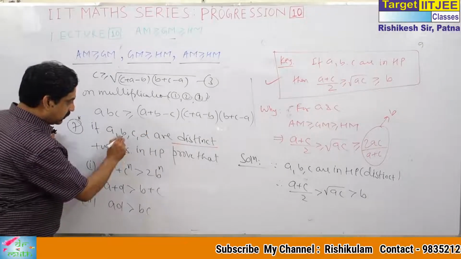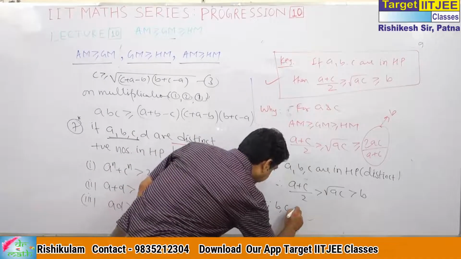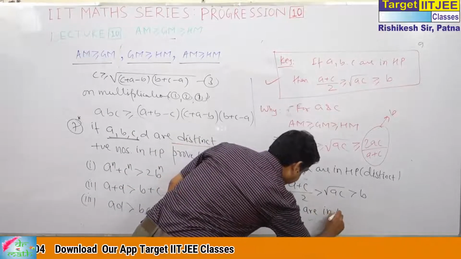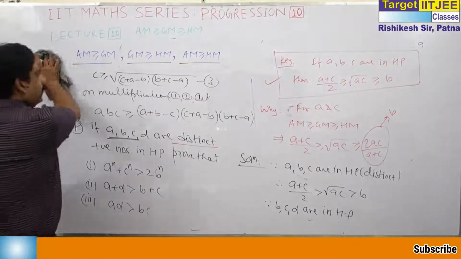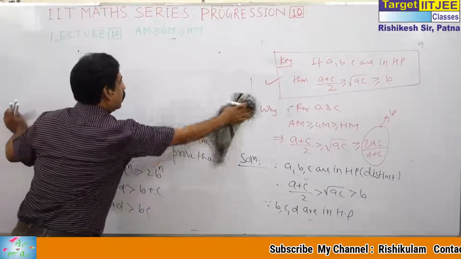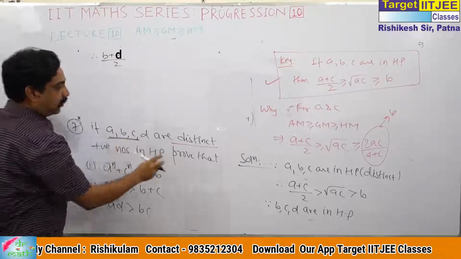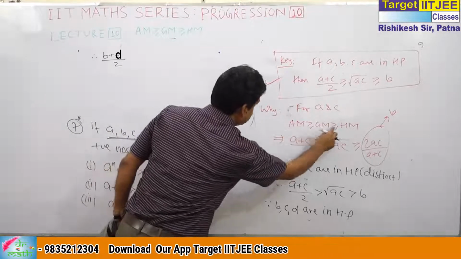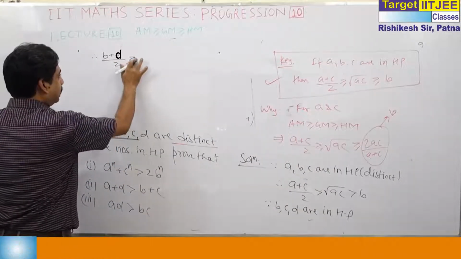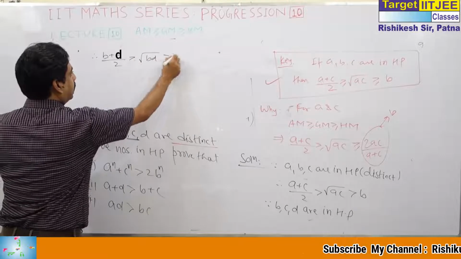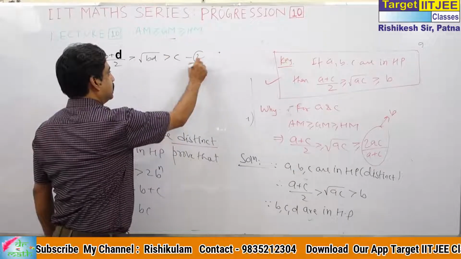Again, since B, C, D are in HP, we can say (B plus D)/2, applying AM greater than GM greater than HM for B and D, is greater than root BD, which is greater than C, as we have written for distinct quantities.